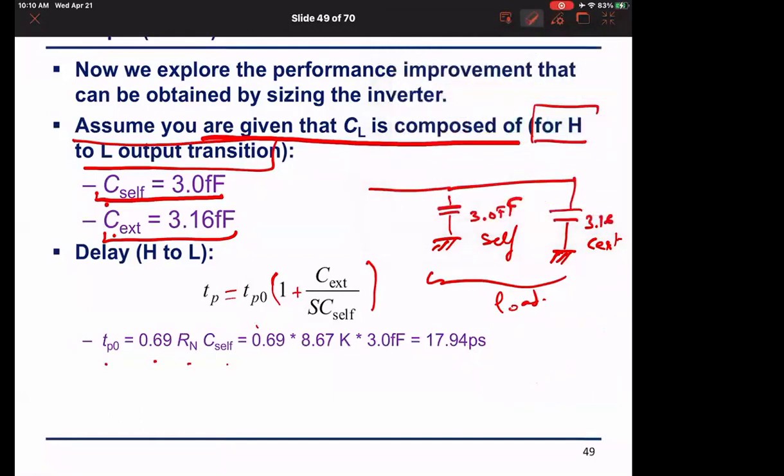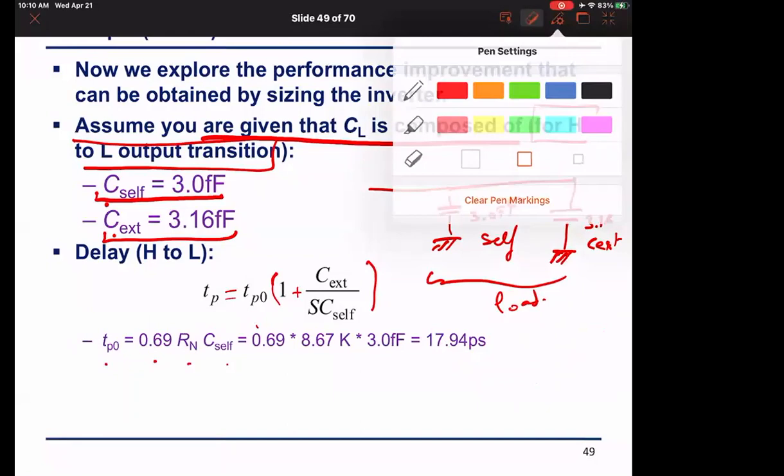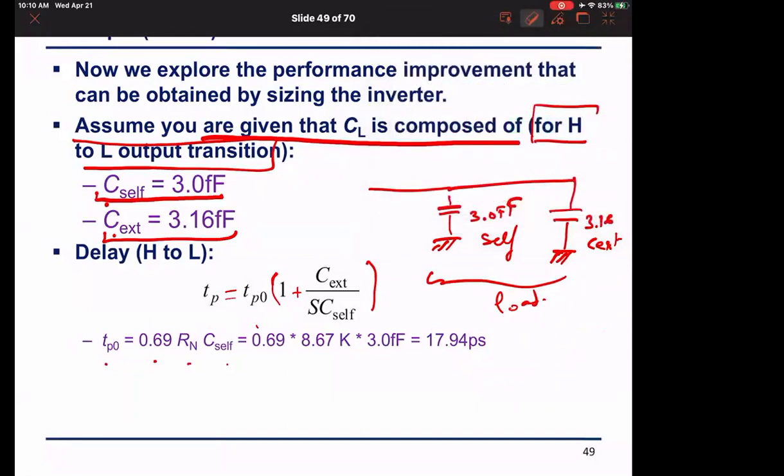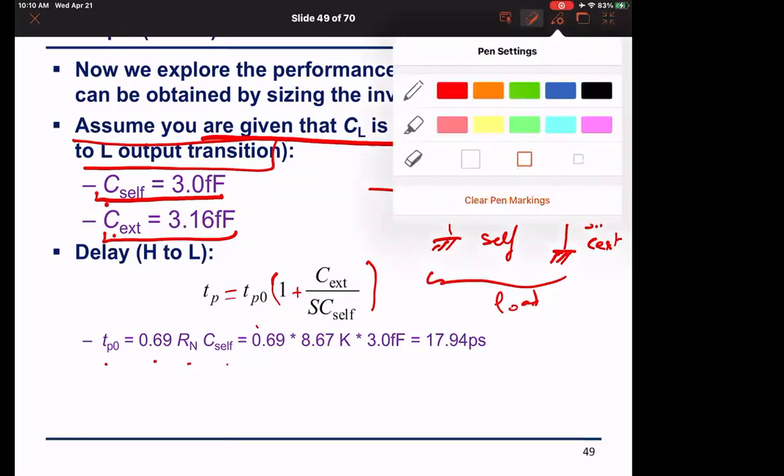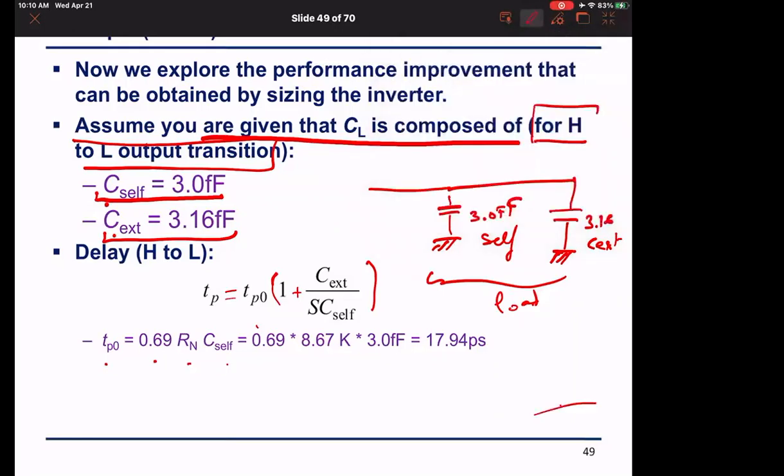I can use that directly, and then we can plug in the equation for TP as 0.69 times 17.94 times 1 plus C external, which is 3.16 femto, over S times 3 femtofarad.